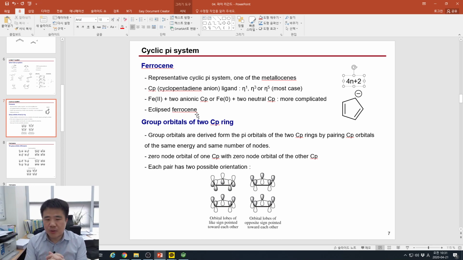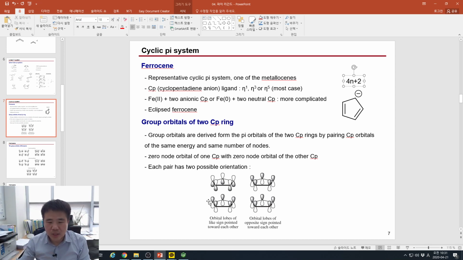So if you want to understand ferrocene, you need to figure out the MOs of the two cyclopentadienyl ligands. In this case, the transition metal is here, so all p orbital directions are toward the transition metal, so opposite direction. But in this case, same direction.